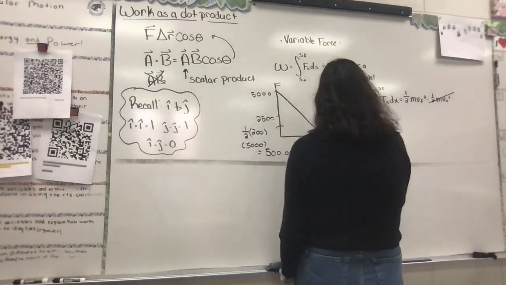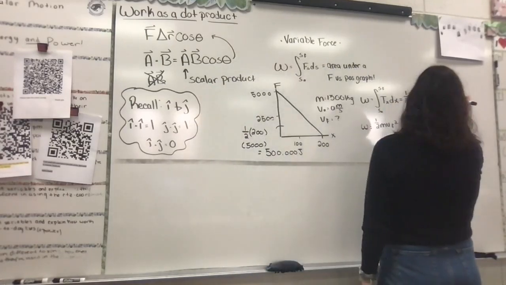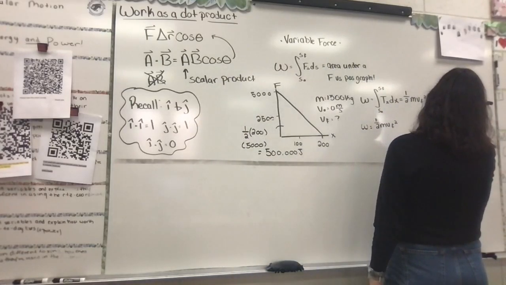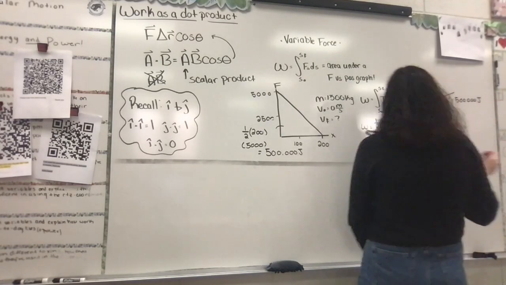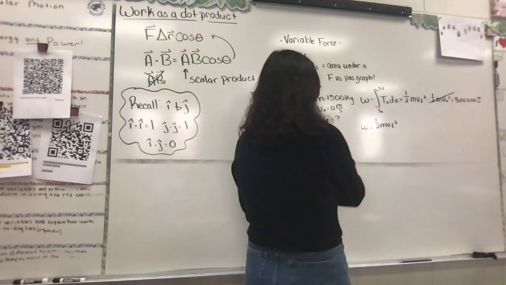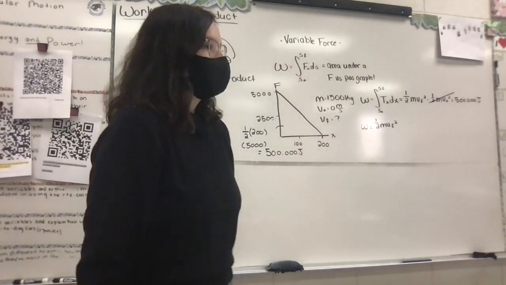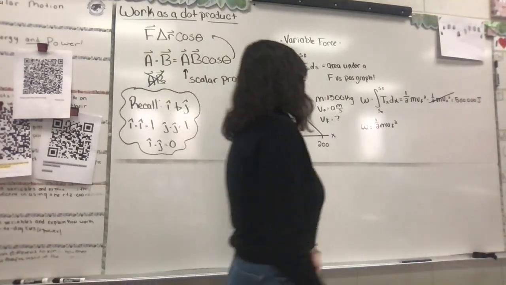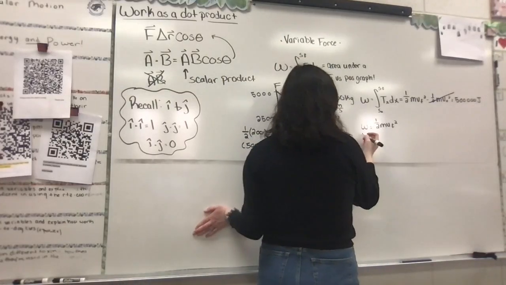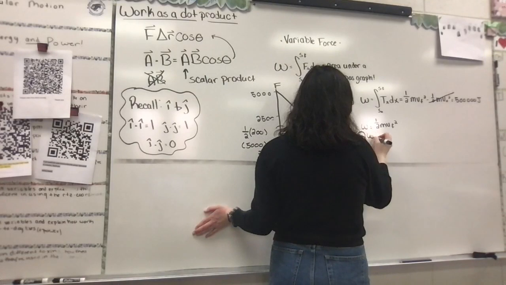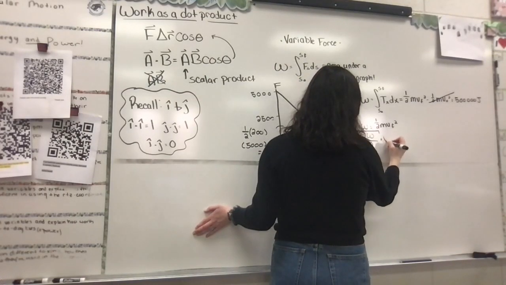Bless you. Okay, so now we have our work. Wasn't it asking us to find the final velocity after 200 meters? So how are we going to rearrange this to solve for final velocity? Multiply by 2, divide by m, take the square root. Ding, ding, ding.